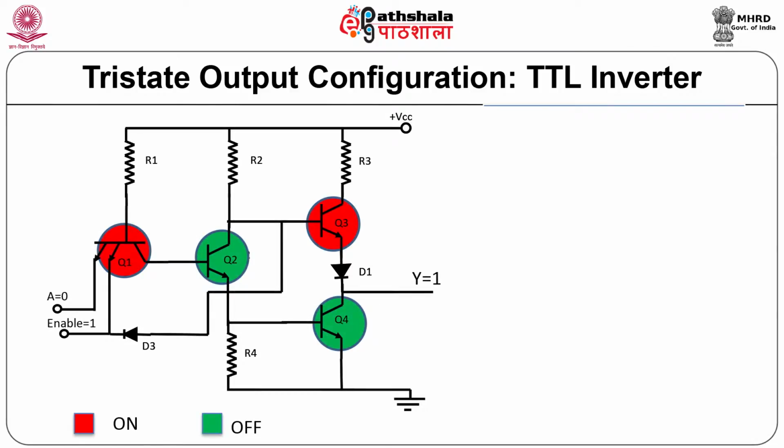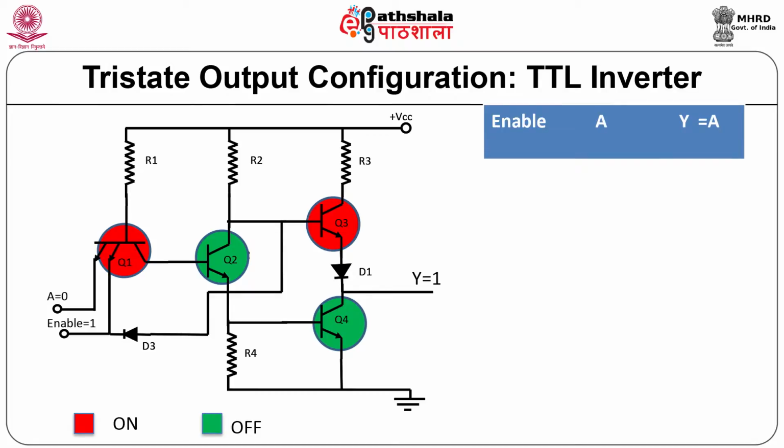This particular circuit is a TTL inverter circuit. That is, if you consider the Boolean equation, then the output is the inversion of the input. It has two inputs, A and enable. This enable input enables the TTL inverter to work as an inverter or in the high impedance state.